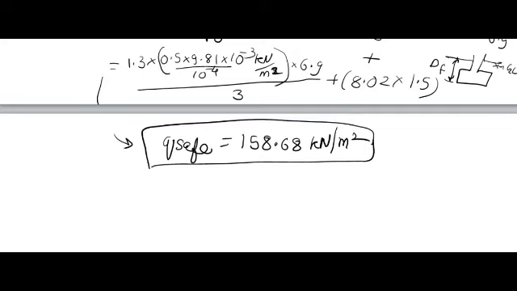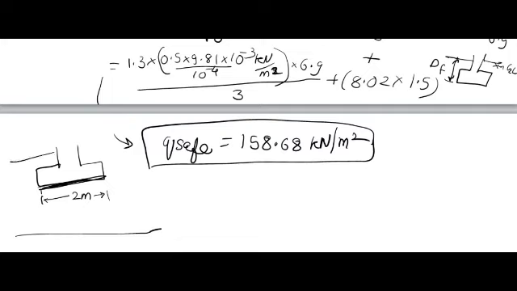Now this q safe acts at the base of the footing. The base of the footing is 2 meters wide, and this is the clay soil, this is your ground level.